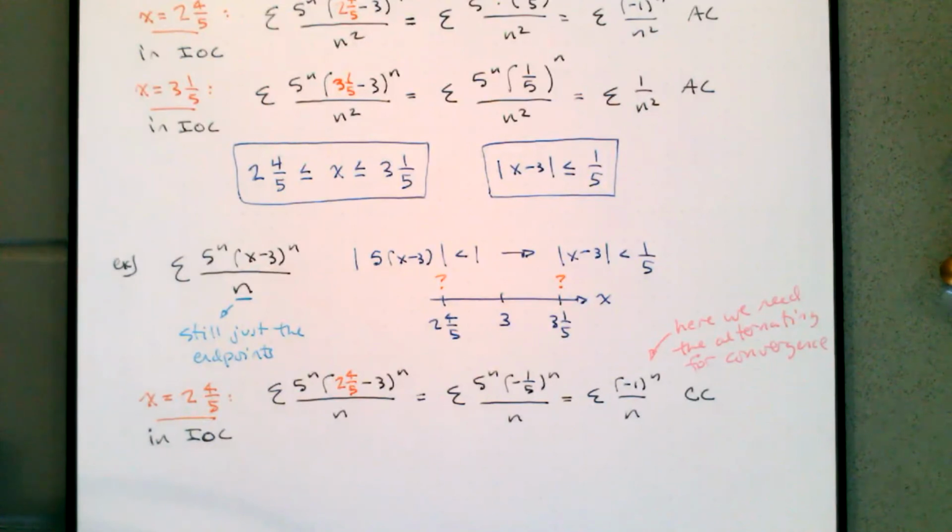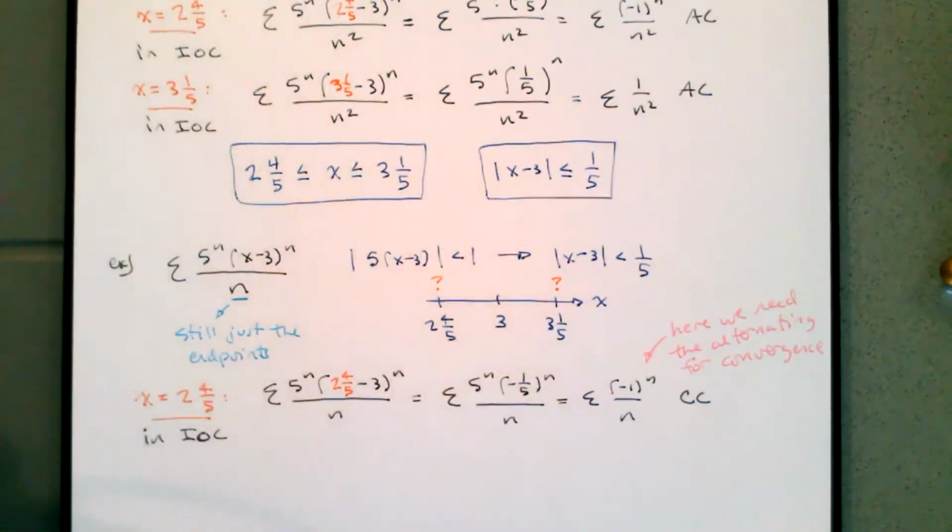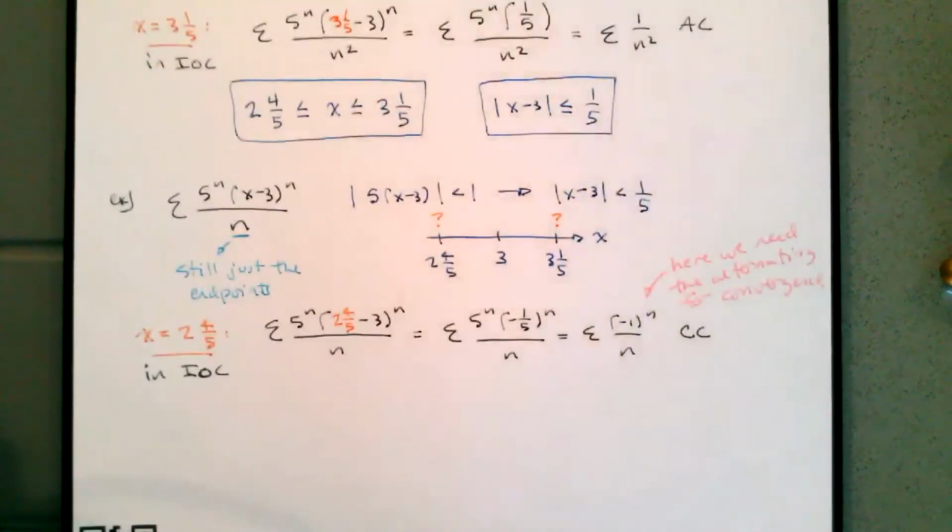Now, so that's one interesting change. We've got conditional convergence at one of the endpoints. So we know if we start messing with the order of these terms at 2 4/5, we can get different values, but we're still getting a value, depending on the arrangement. It can be whatever we want.